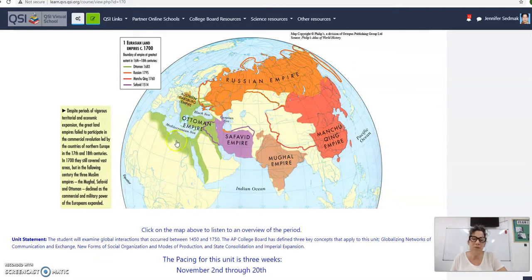The Ottoman Empire, which is one of the longest lasting empires in all of world history, didn't encompass as much land as the Russian Empire, but it definitely was very powerful, and it's an example of another Islamic empire that expanded its control into Europe. And then we have the Safavid Empire, which was smaller in scope and based in what is present-day Iran. And then you have the Mughal Empire on the subcontinent here in what is present-day India. And then, of course, the Qing Empire.